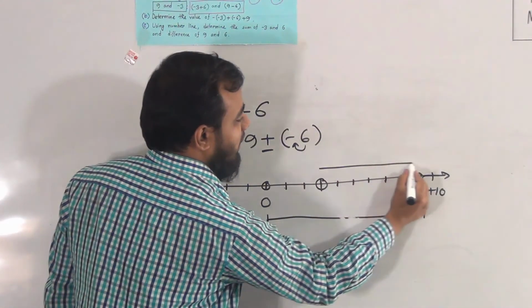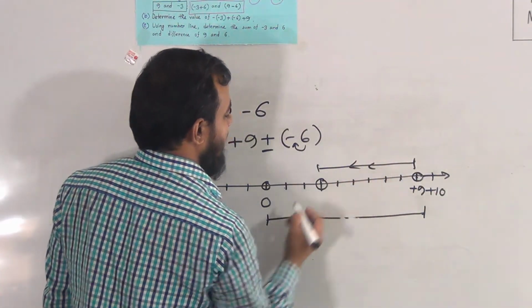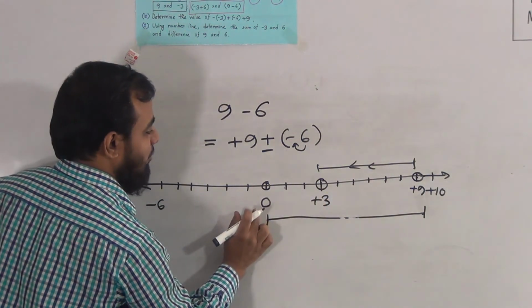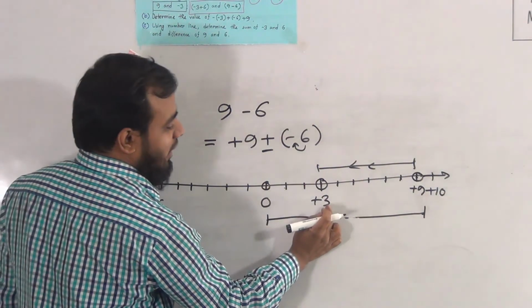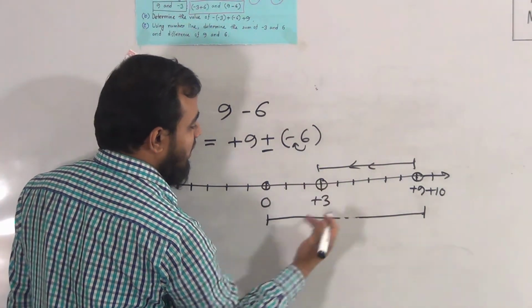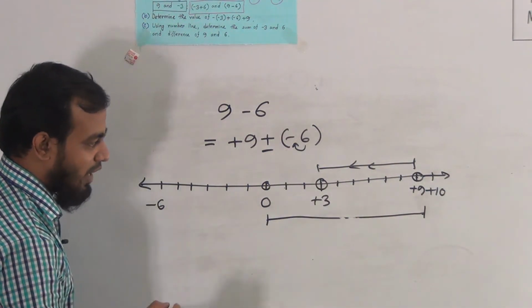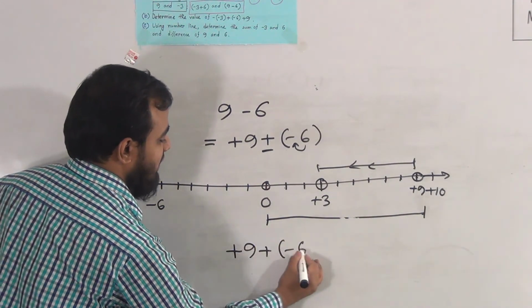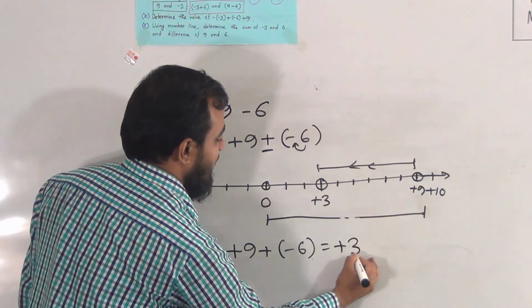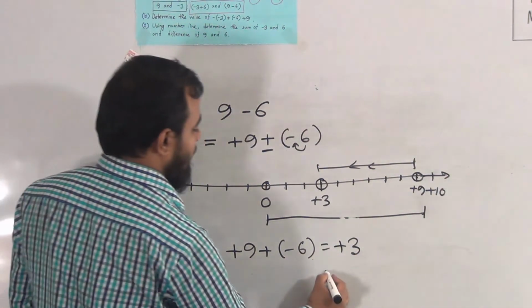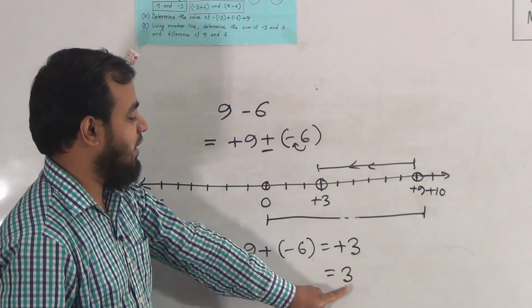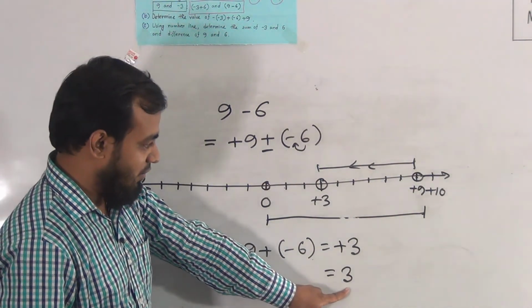It is plus 3, 1, 2, 3 steps from 0. Our answer will be plus 3 when we add these two. That means plus 9 plus minus 6 will be plus 3, and you can write 3 only as the answer in the next line.